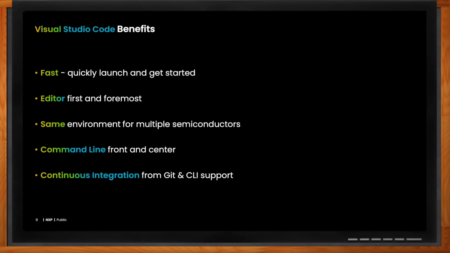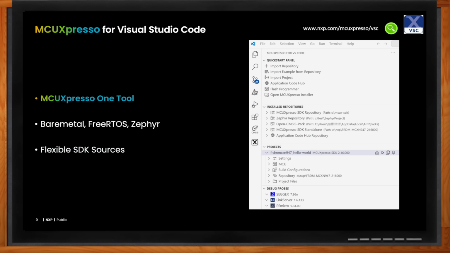So, now that you mentioned that everyone's in the same boat, Kyle, how is NXP's Visual Studio Code enablement different? Yeah, so all those things I mentioned, everybody gets. That's the benefit of Visual Studio Code. What NXP has done is really our extension or our enablement within Visual Studio Code.